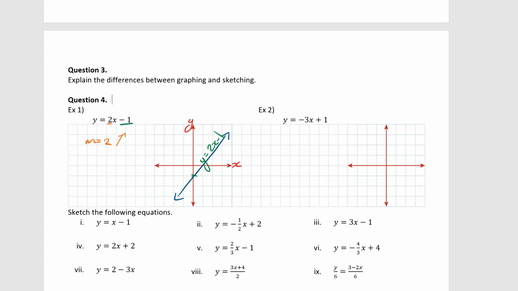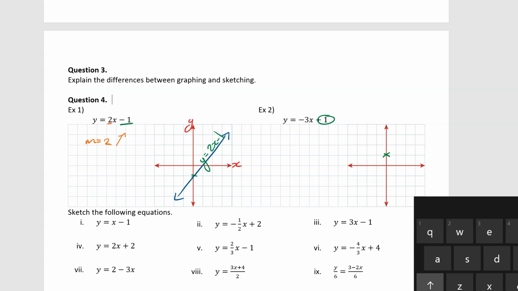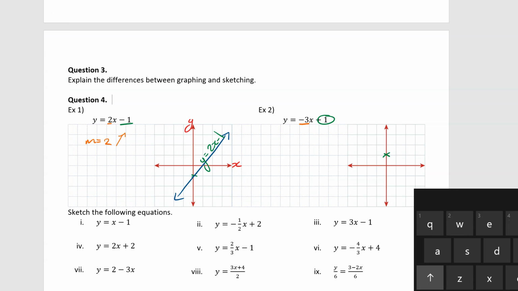Now, let's go across to example 2. We've got y equals minus 3x plus 1. Well, looking at this, the c value is plus 1, so we simply mark plus 1 on our Cartesian plane, and then we look across to our gradient of m equals minus 3.